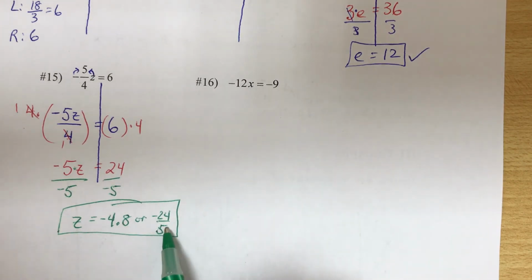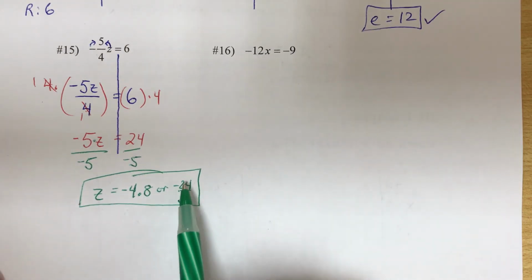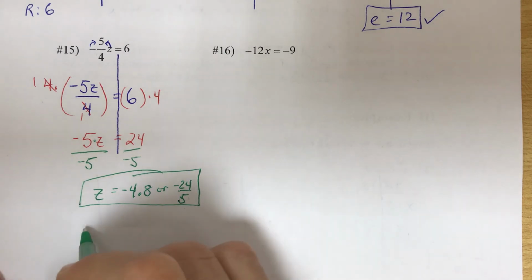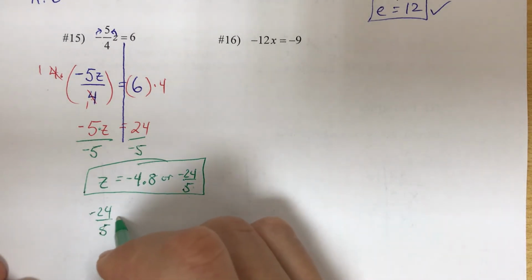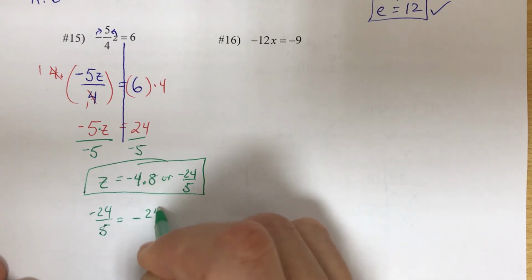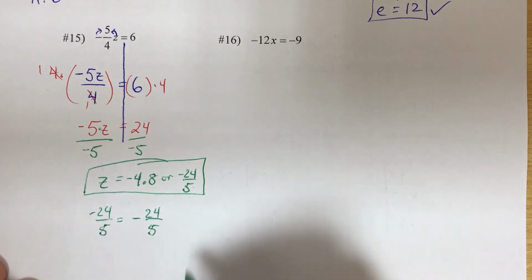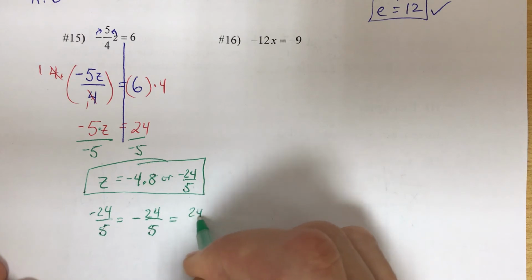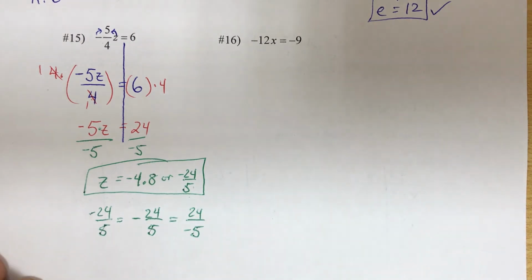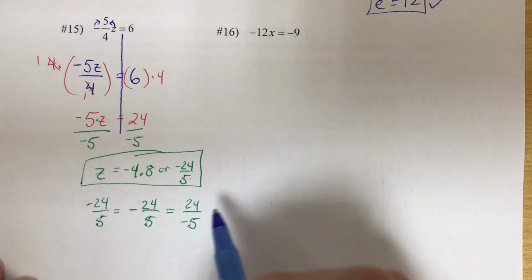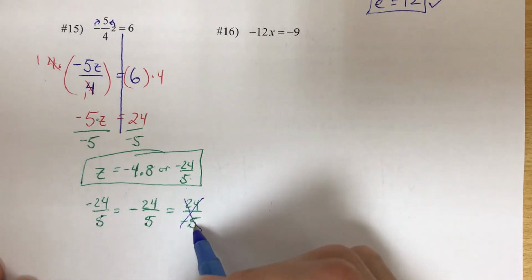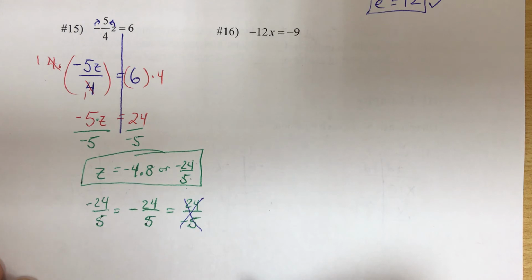One of the things when you have a negative fraction, so you see I wrote this as negative 24 over 5. That is equivalent to putting the negative out front, like that. It is also equal to writing the negative in the denominator. But all of these mean the same thing. We're not normally going to leave a negative in the bottom of a fraction though.